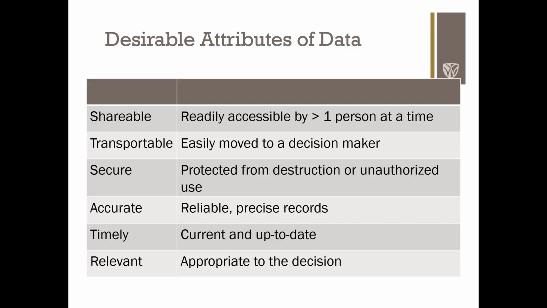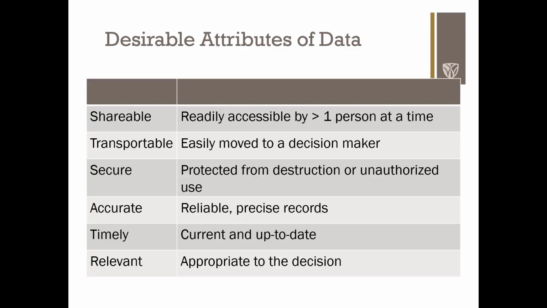Now, we should mention that accuracy is a relative term, meaning if we're talking about something like my bank account, I want it to be very precise. If we're talking about something like sensors for weather forecasting, maybe a little less precision is okay.